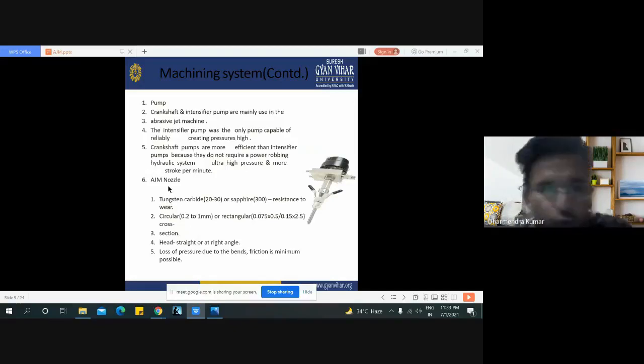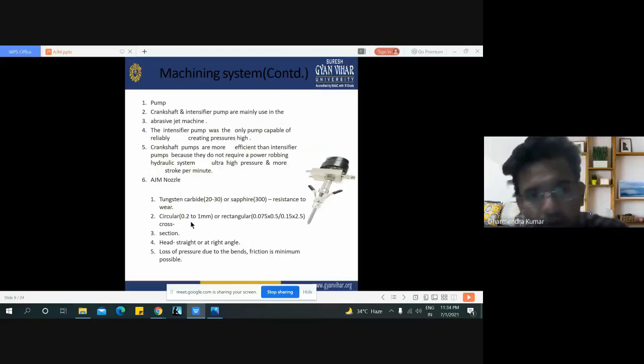Then we come to the nozzle, the abrasive jet machining nozzle. Tungsten carbide is used as it is resistant to wear, because the high velocity air mixed with abrasive particles is going through that nozzle. That is the requirement of the nozzle: it must be resistant to wear and tear.